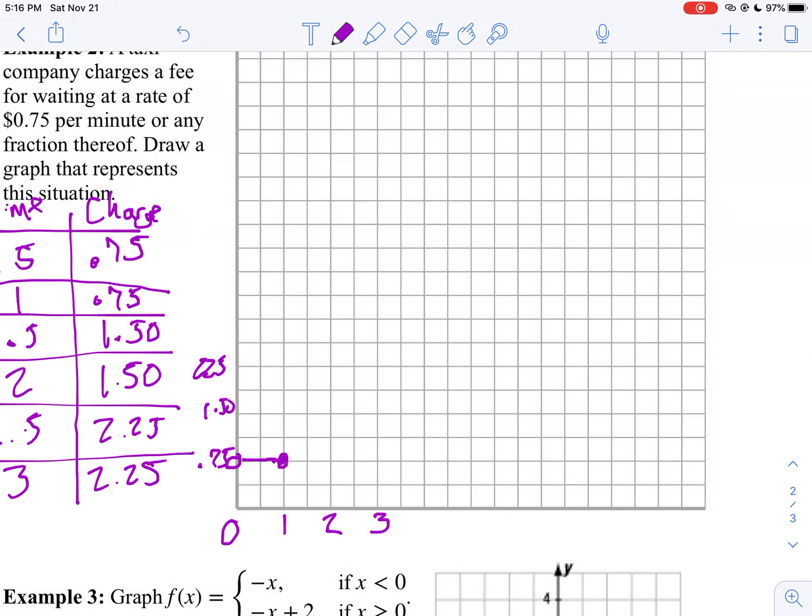And then I fill that in because you can be charged 75 cents for 1 minute. So after 1 minute, it's going to jump up to $1.50 all the way up to 2 minutes. After 2 minutes, it's going to jump to $2.25. And we could go like that forever. Here is our step function. I'll put one more just so you can see it goes on forever.